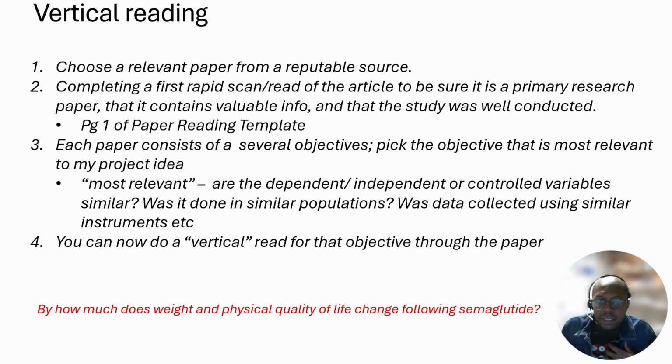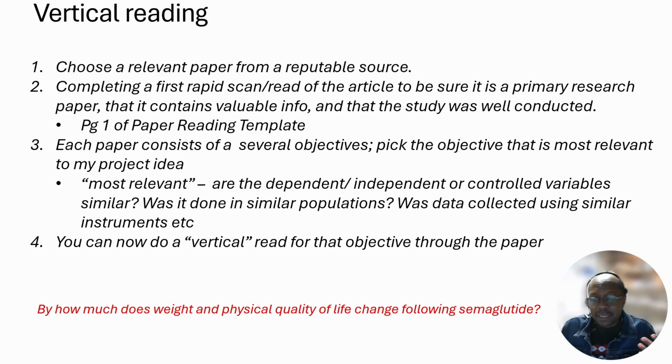Then I have two dependents, weight and quality of life, and my independent is semaglutide. If I'm reading a paper on phentermine for weight loss, that's a different independent variable, but weight loss is still relevant to the paper, because I'm interested in weight loss. So it's important to realize whether or not the paper is relevant to you. Another thing is controlled variables.